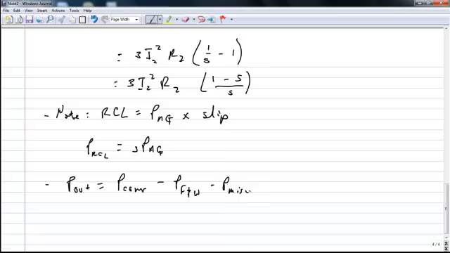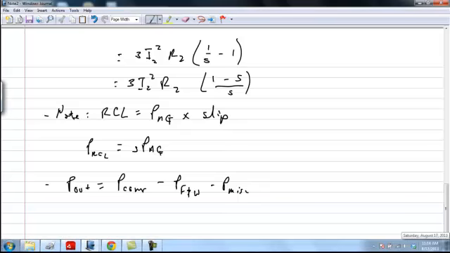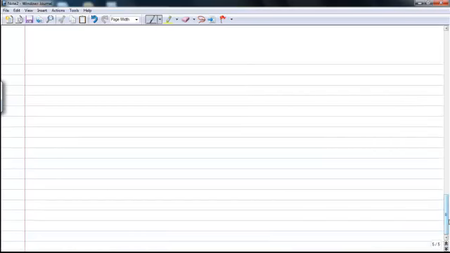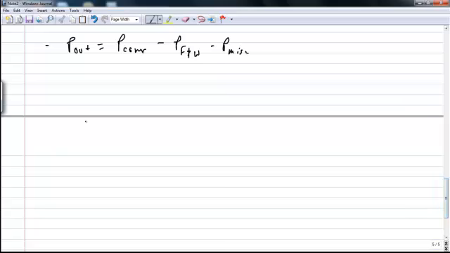So if we think about induced torque, we have our induced torque, which is the converted power over omega m, and we can rearrange this equation.